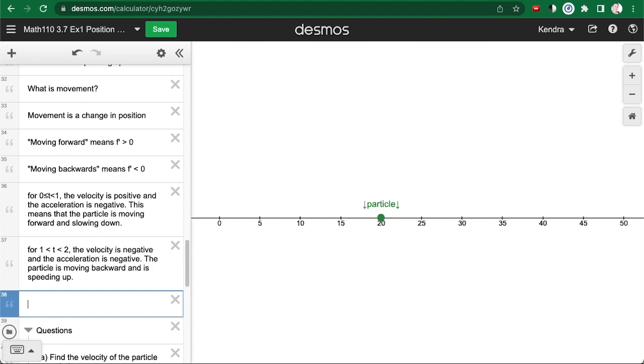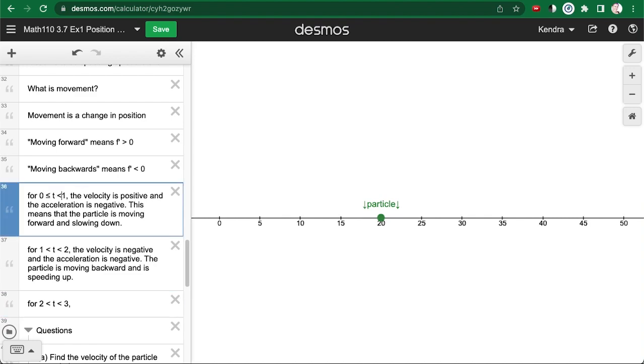Okay. Now for the next 1 second, I just want to reiterate the reason why I'm splitting the time into these increments. Remember, from t equals 0 to 1, the velocity was positive.